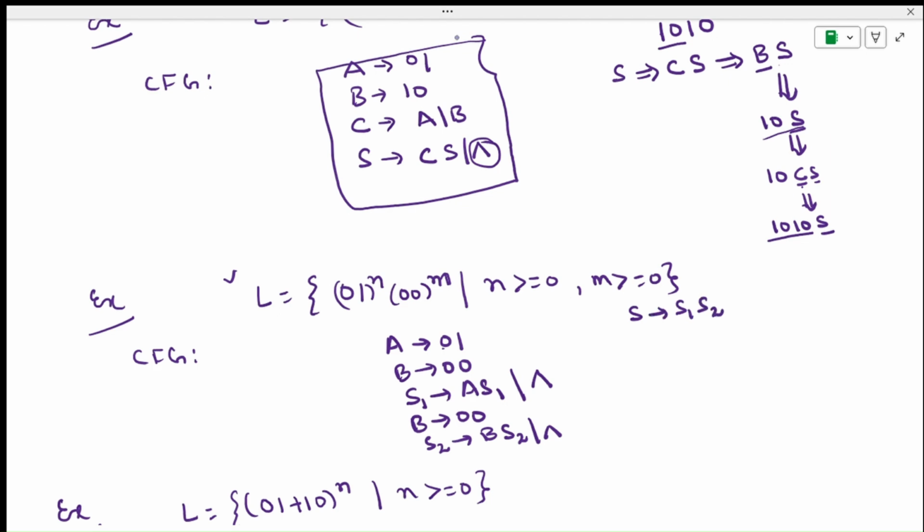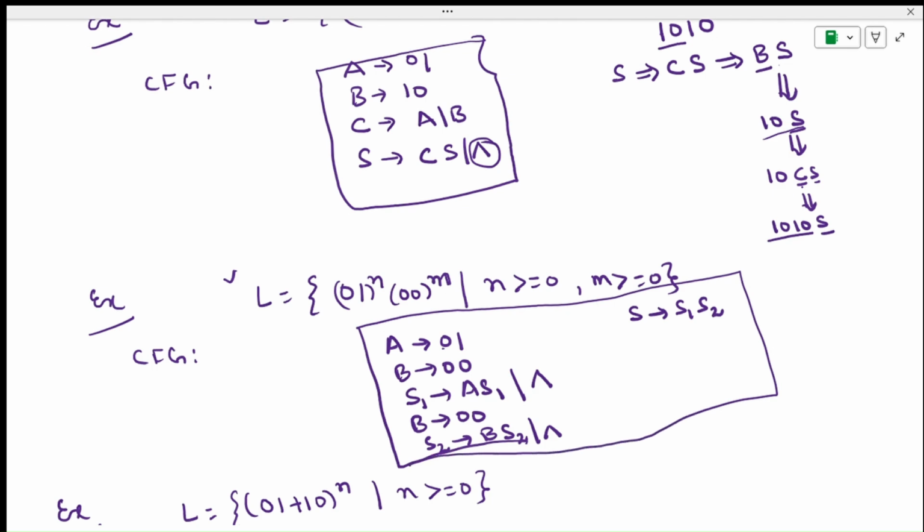So we have the context-free grammar for the given language as this. I hope this is clear. For 01 I have taken a variable A, A is replaced by 01. For B we have 00, B is replaced by 00. Now remember that 01 has to be repeated n times, including n greater than or equal to 0, that is null times.